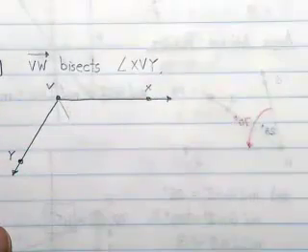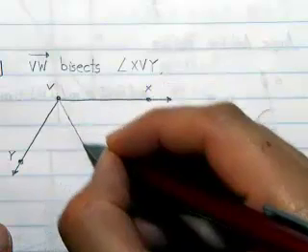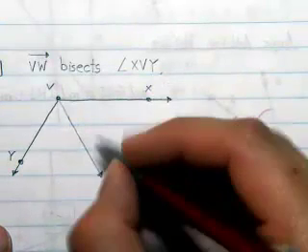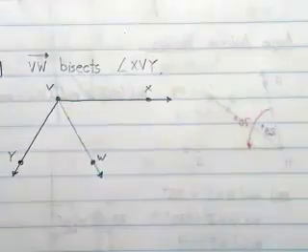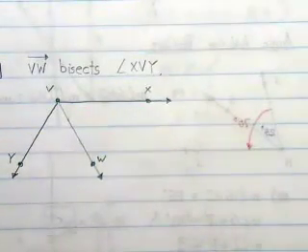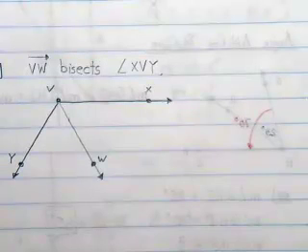Okay, so there's my picture, and VW is that ray that is bisecting the angle XVY.